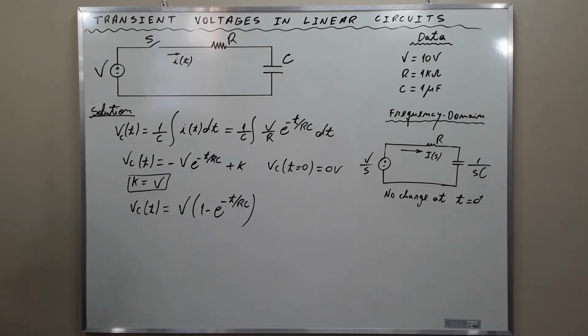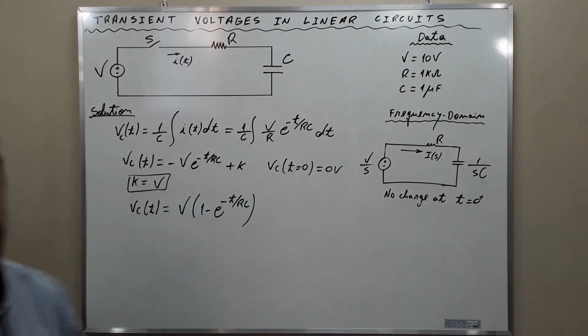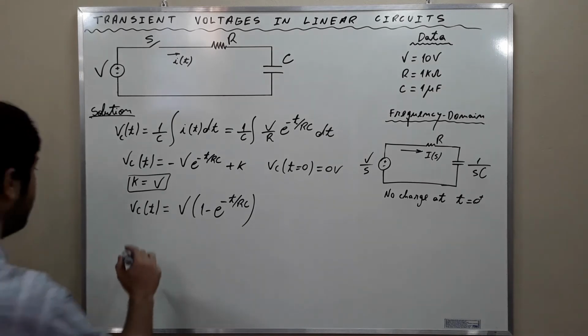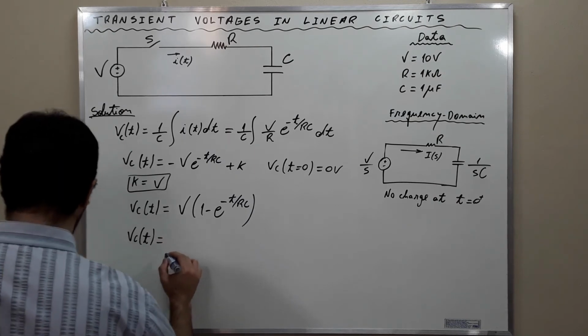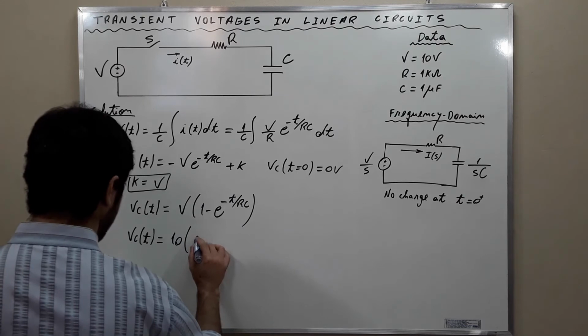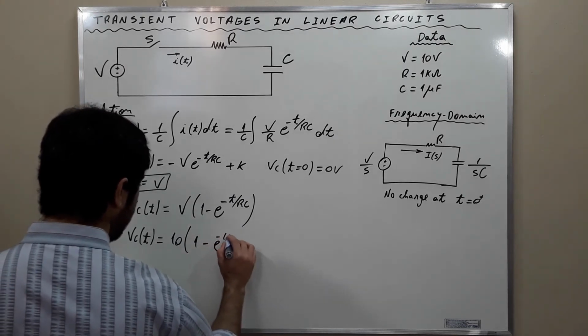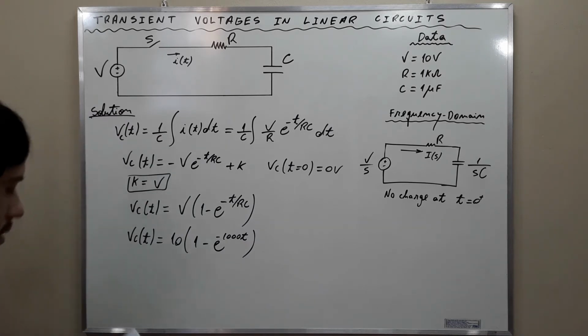Now, if we substitute these values here, that the exercise provided, we find that Vc is equal to 10 times (1 minus e raised to the power of minus 1000 t). Okay?